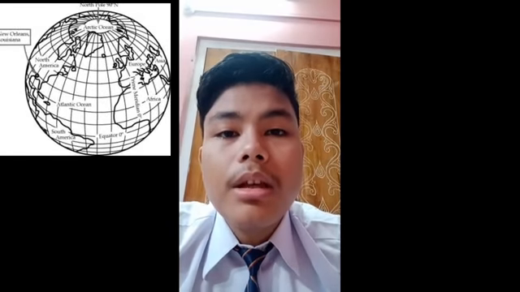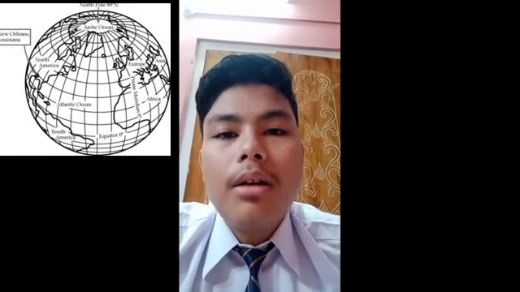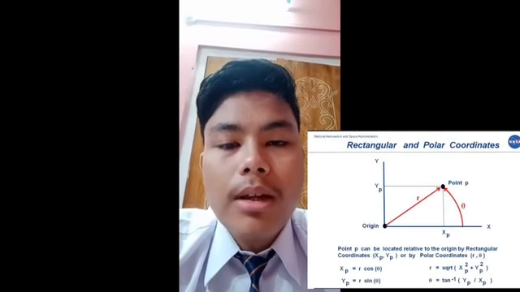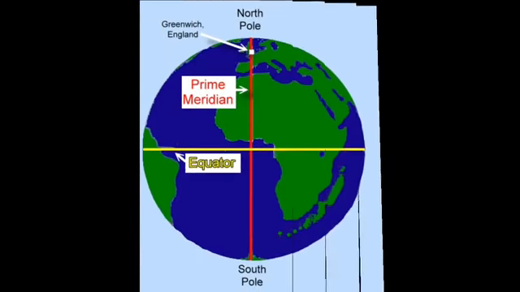These measurements are actually used to accurately point out any object or place on the Earth's surface. They are much similar to the normal x and y coordinate system or the polar form of coordinate system. They are measures of the angle from the center of the Earth to a point on the Earth's surface.